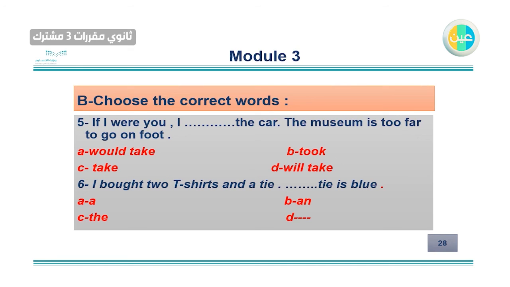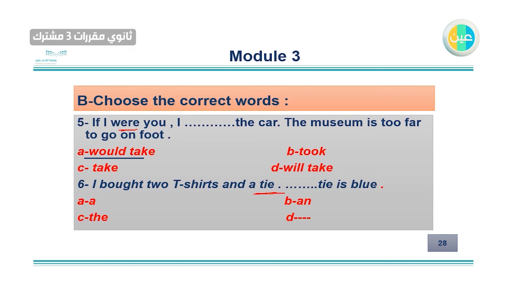If I were you, I would take the car. The school is too far to go on foot. So it's difficult to be you, I'm just giving you advice. Number 6. I bought 2 t-shirts and a tie. In the second sentence, the tie is blue. So the tie, because it's mentioned for the second time.